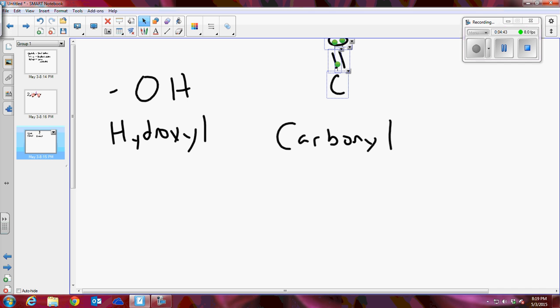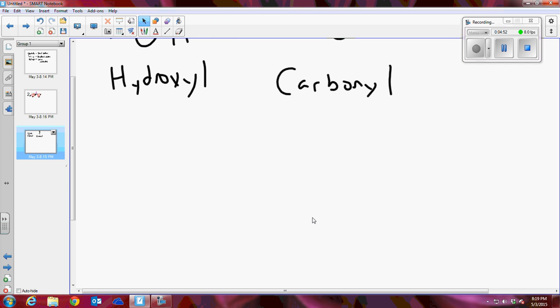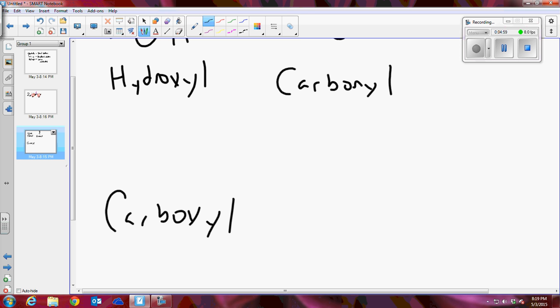You have a carboxyl group, and this will usually have to do with an acid because it readily gets rid of hydrogen. It's very similar to the carbonyl, but it'll have that hydroxyl on it, and it'll readily get rid of that H and have a negative charge.